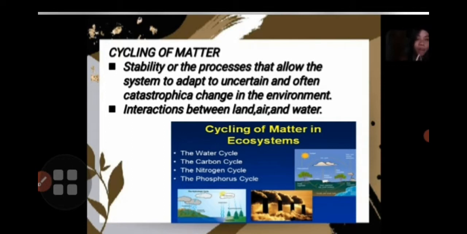Matter is constantly cycling from place to place, and this can have positive or negative effects because matter cycles naturally and due to human activities. Examples of cycling of matter are the water cycle, carbon cycle, nitrogen, and phosphorus.